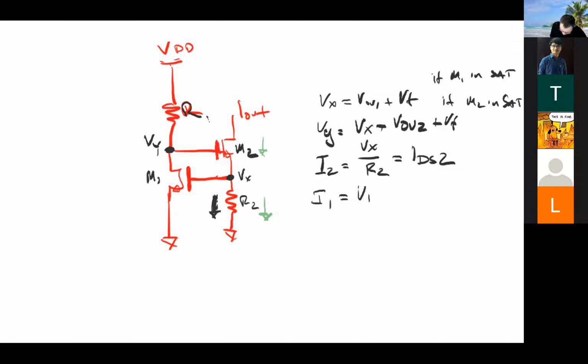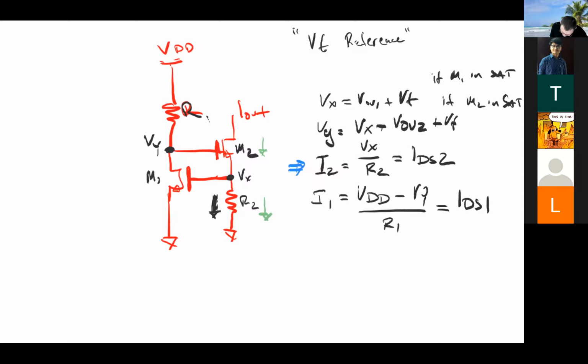I1 is equal to VDD minus Vy divided by R1, and this also has to be the current that flows into IDS1. This particular circuit is called a VT reference.